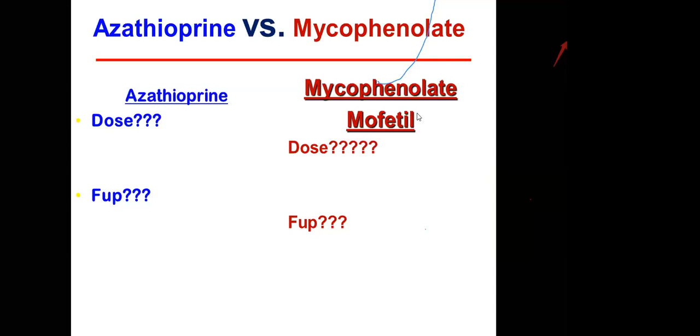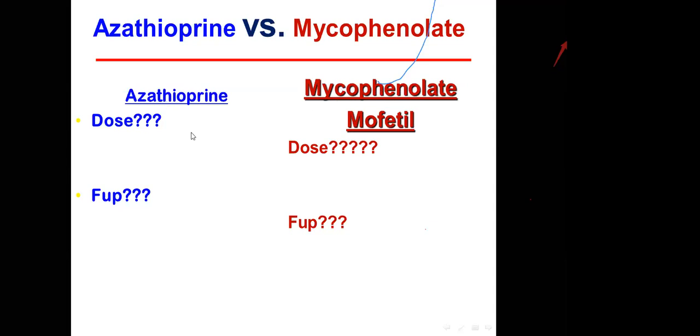Until Dr. Ahmed Sisi is here, I would like to do a simple comparison between azathioprine and MMF. Why is MMF better than azathioprine? This is a question.